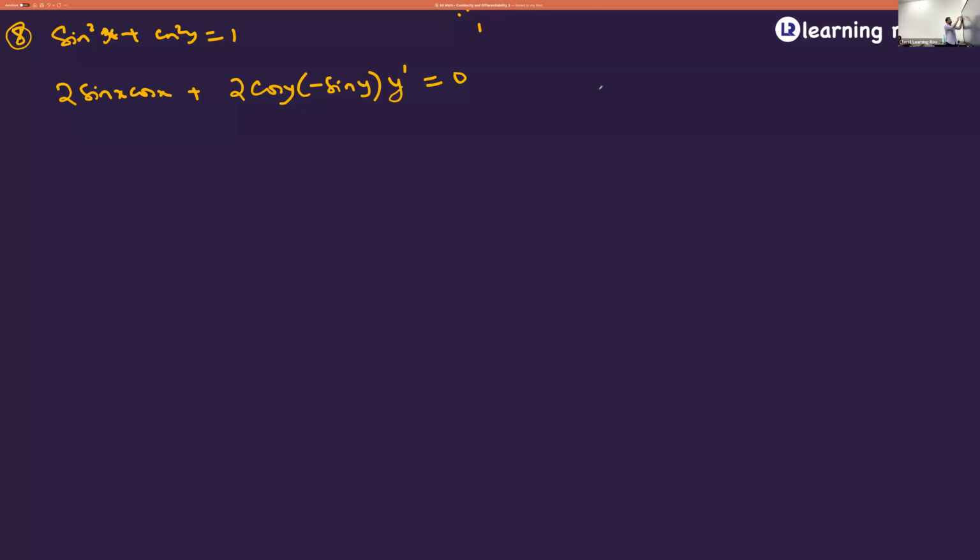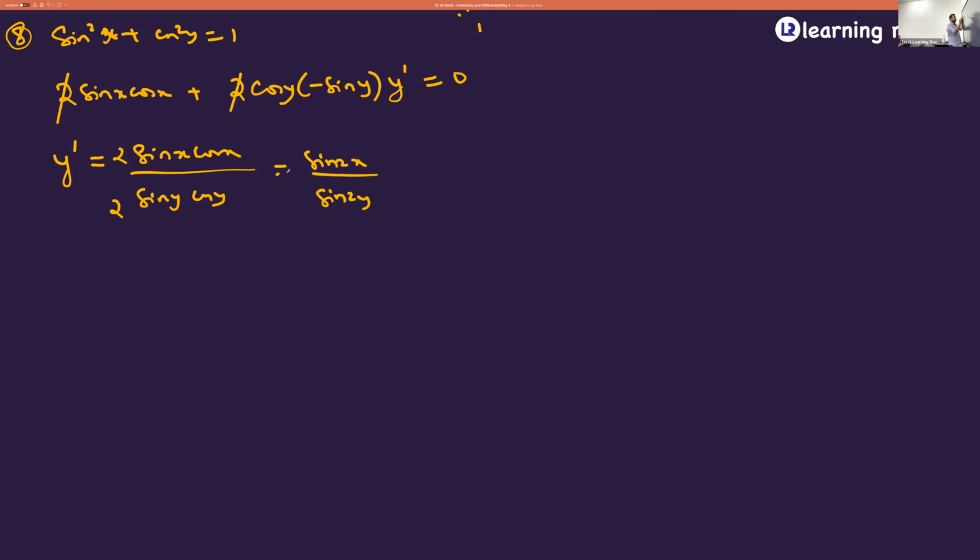So what will the answer be? The 2 and 2 are gone. Y dash will be equal to sin x cos x divided by sin y cos y. Basically you can leave the 2 as it is, so that you will get sin 2x divided by sin 2y. This is the answer. So check the answer with the book back also. Same, right? Okay. So sin 2x by sin 2y.